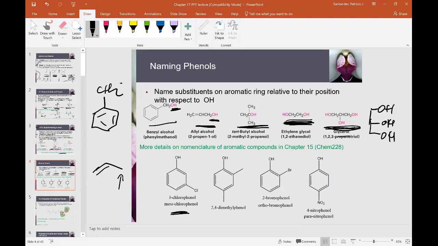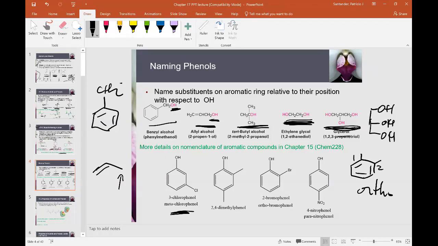And then finally, we have some special nomenclature for aromatic systems. We have phenols. Here we will learn in the second semester that when you have more than one substituent in a benzene ring, if you have a 1,2 relationship, we say that is an ortho relationship.